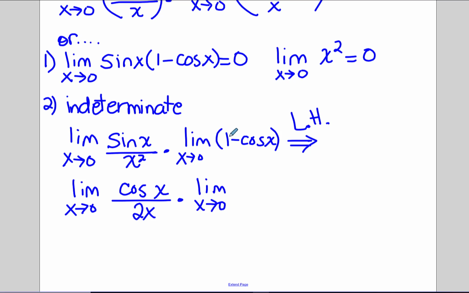The derivative of 1 is 0, and the derivative of negative sine is positive cosine. And then we could try again.